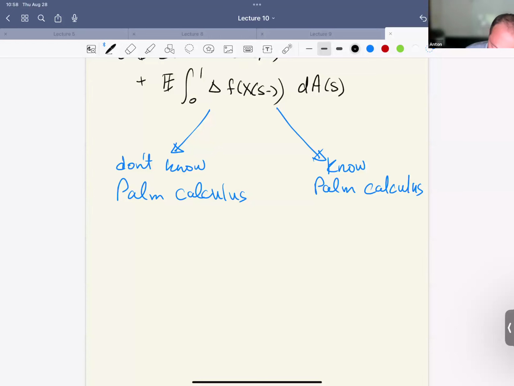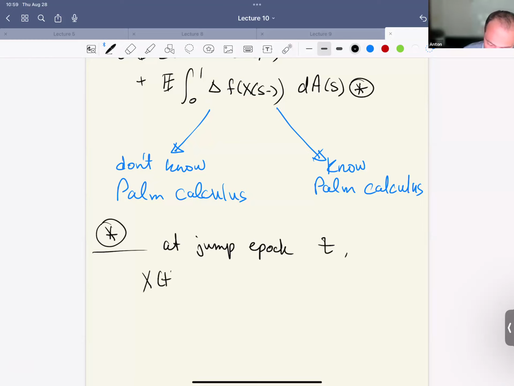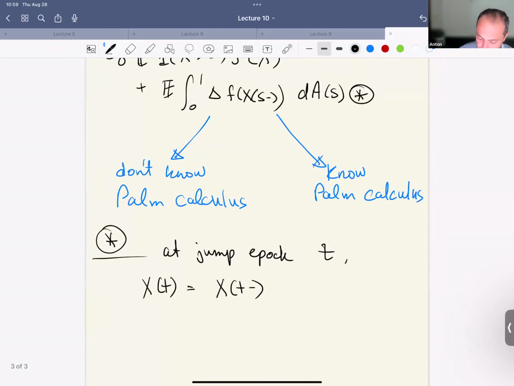Okay, so let us focus on the star term. First of all, when a jump happens, what happens to the workload? Let's answer that. At jump epoch t, x of t is whatever workload we had prior to the jump.